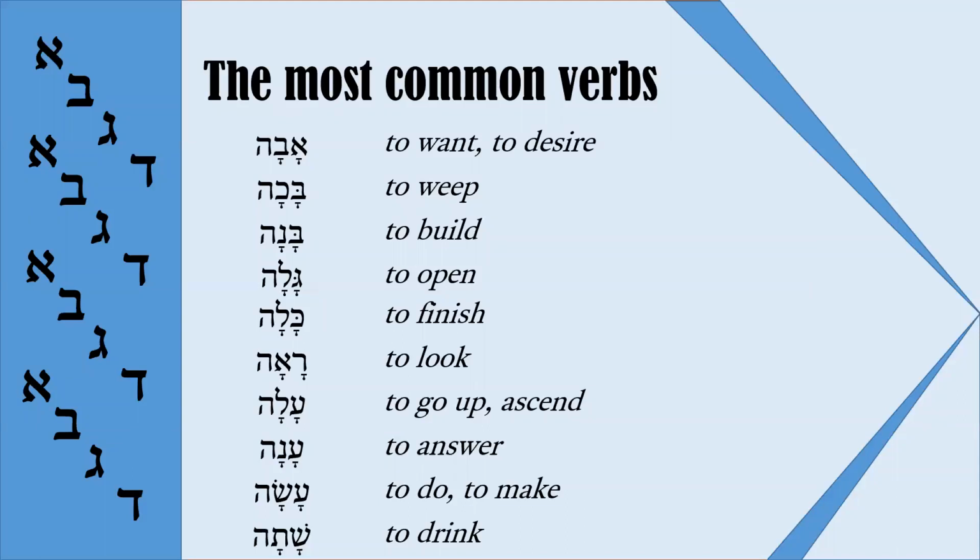And do not confuse the verb bana with other similar words, like for example ben, son, or bein, which is a preposition meaning between, because in some of the forms the final hey drops, and you can confuse it with some other words.